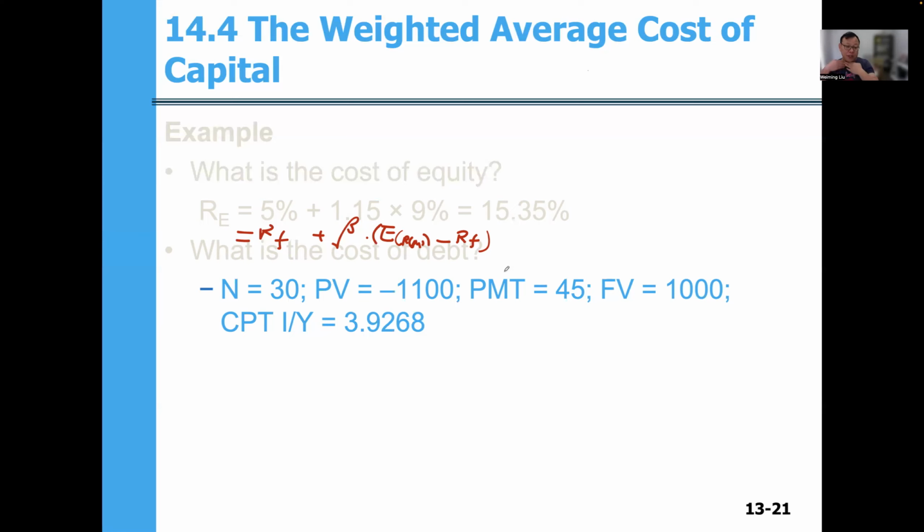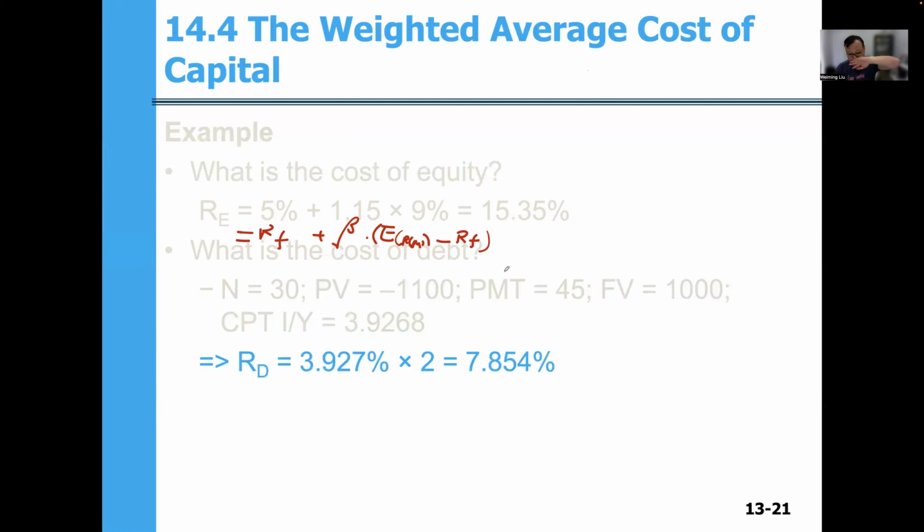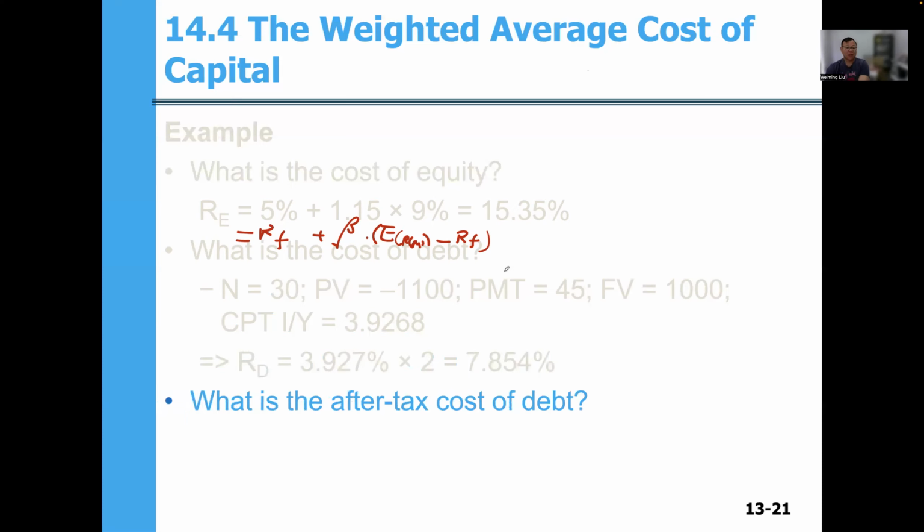So when you compute the interest rate, you get 3.9268%. And you multiply by 2 because it's semi-annual. You get 7.854%.